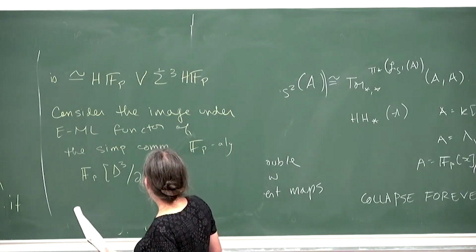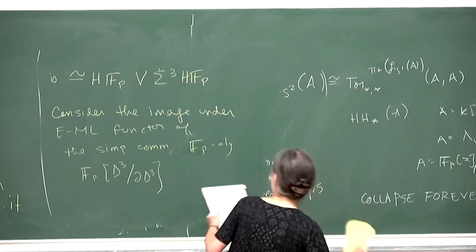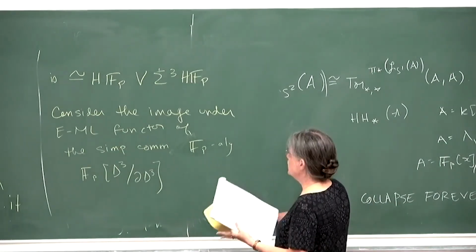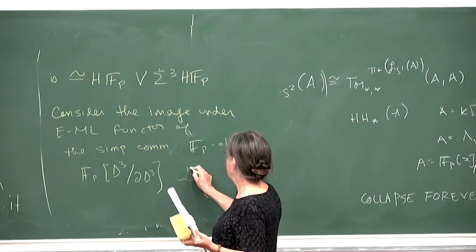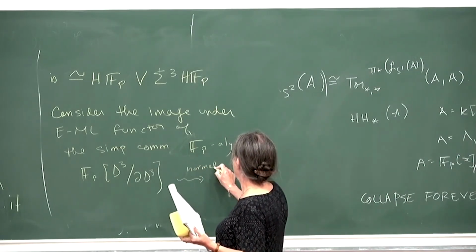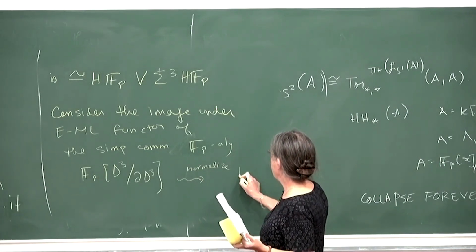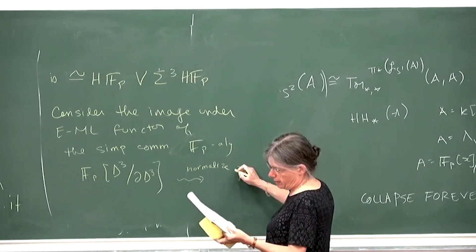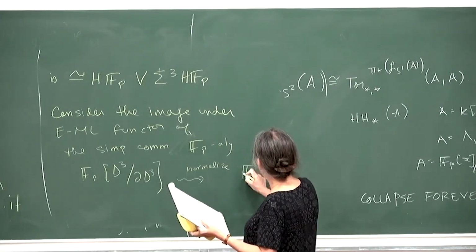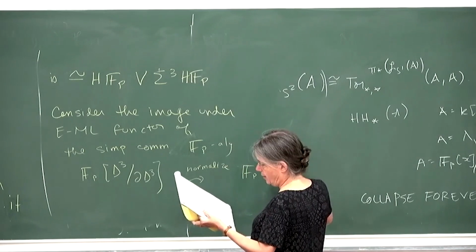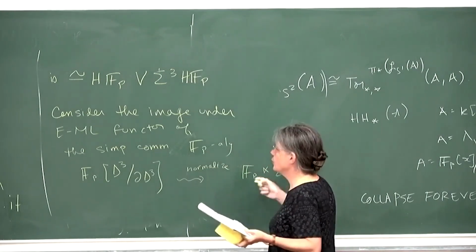Okay, and then we can look at this simplicial algebra, and we can normalize this simplicial guy, and we just get, I guess, FP semi-direct sigma 3 FP as a graded algebra.